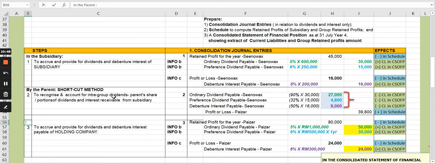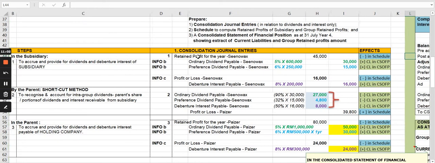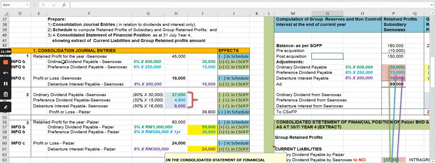Right, so in the subsidiary company, since it has not been recorded, now you need to provide for the dividend and debenture interest. For the dividend, the retained profit of the subsidiary will be debited.